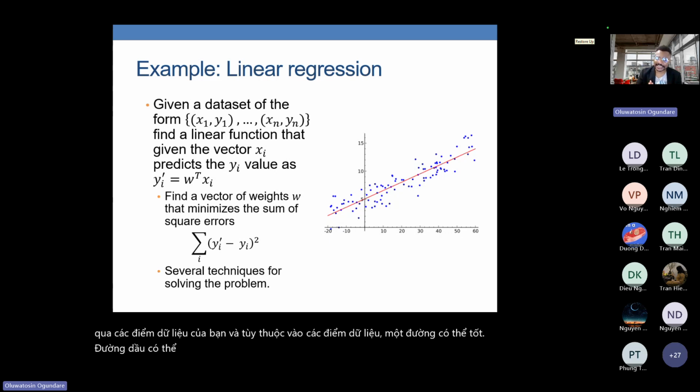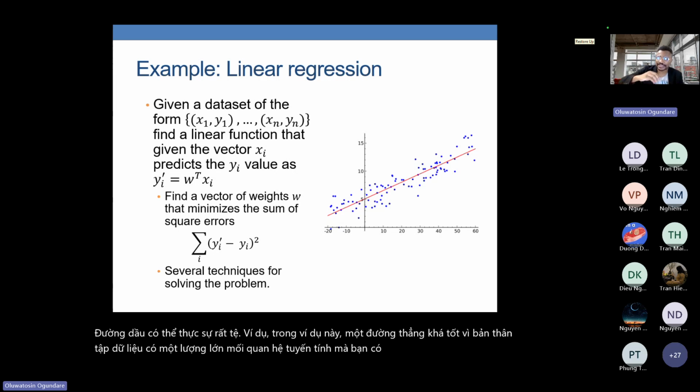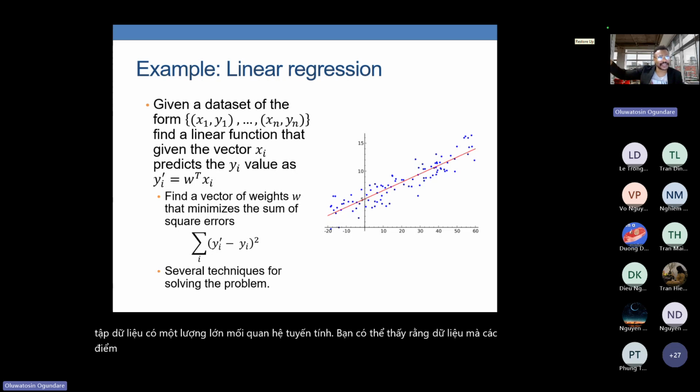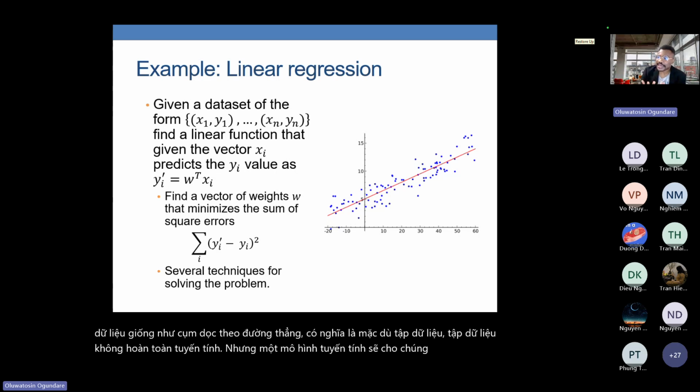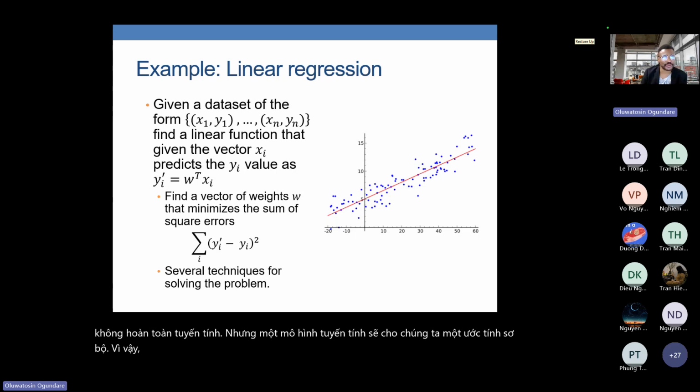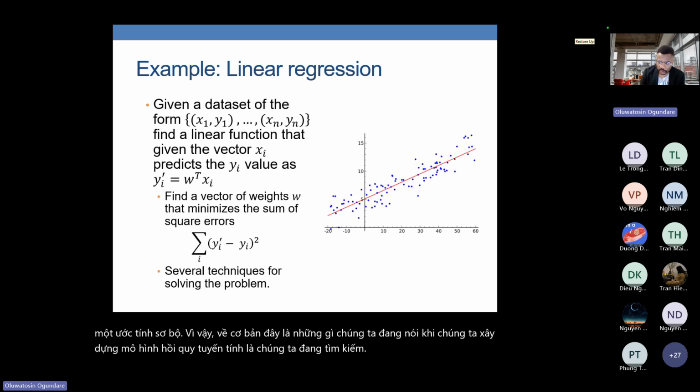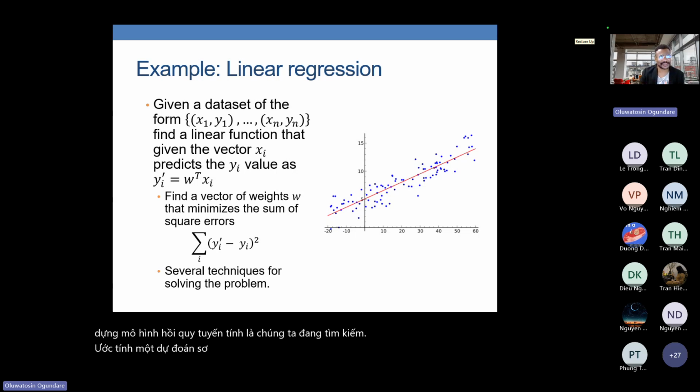For example, in this example, a line is quite decent because the data set itself has a good amount of linear relationship. You can see that the data points kind of cluster along the line, which means that even though the data set is not completely linear, a linear model would give us a rough estimate. So this is essentially what we are saying when we build a linear regression model: we're looking for a rough predictor of the future, some kind of trend line, right? It's a rough predictor of what may happen.